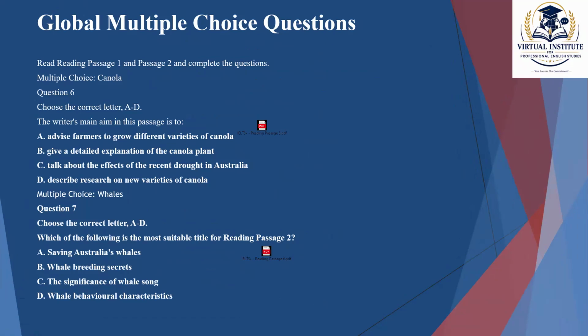A, B, C, D. Which of them is the most suitable? C. Okay, Atika, what do you think? Do you agree? I think C. Okay, yes. C is the correct option.